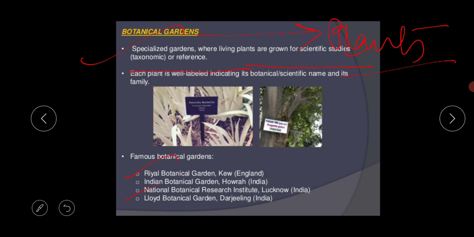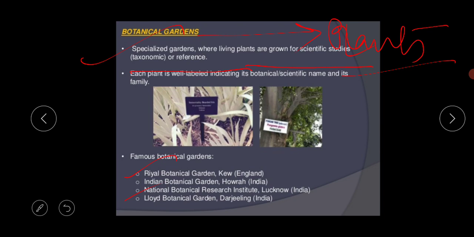So this is another type of repository house. What is the role of the botanical garden? These gardens provide plant material for comparative taxonomic studies, and function as acclimatization centers for exotic plants of economic importance.